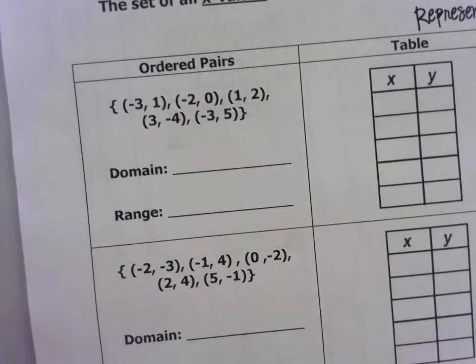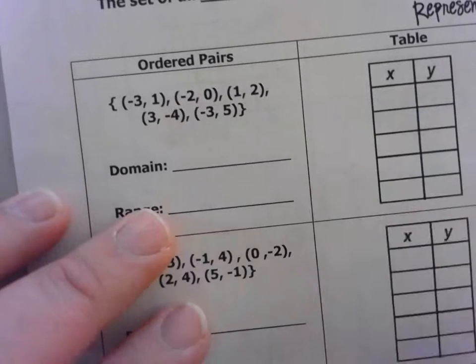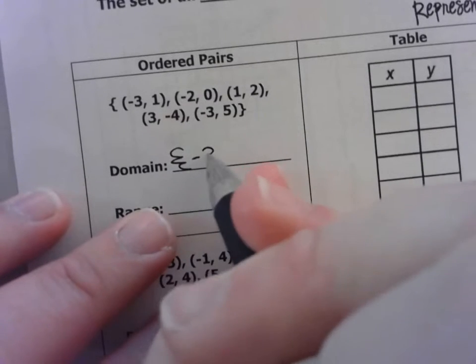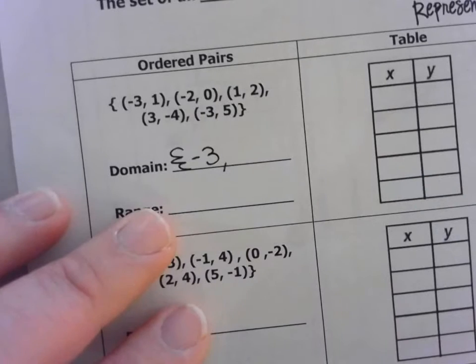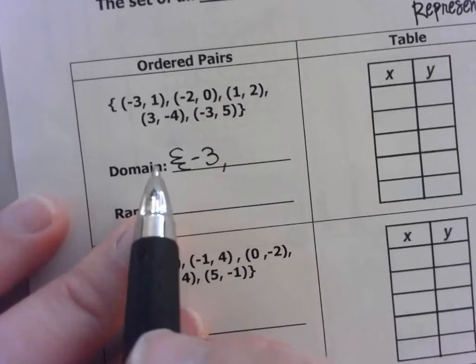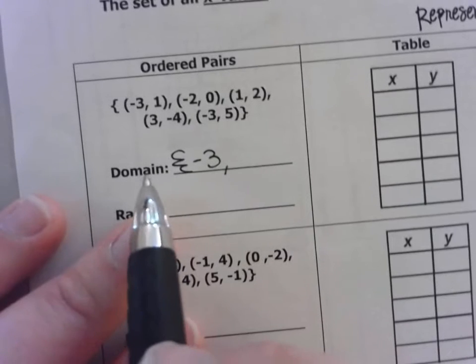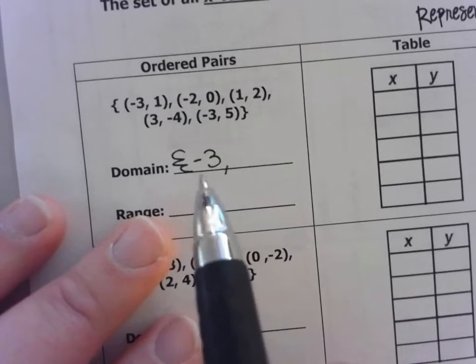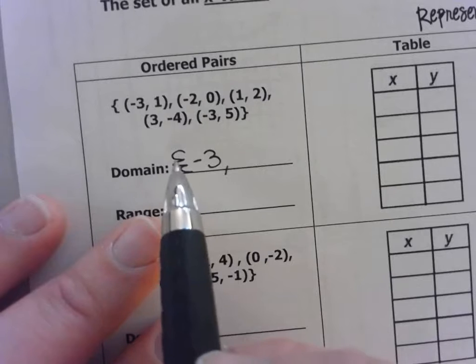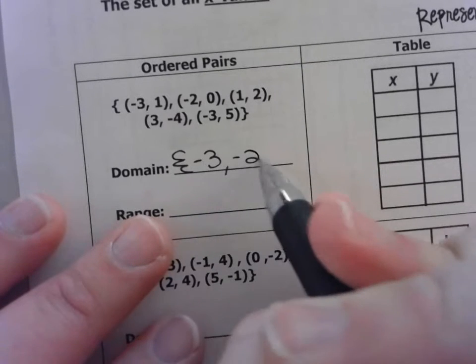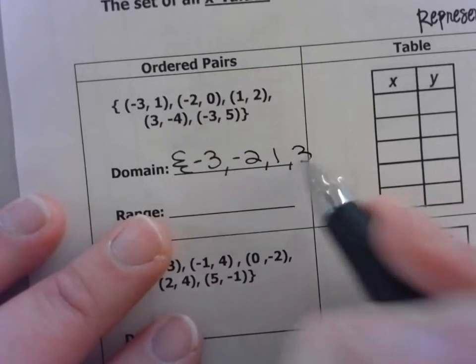If I want the domain, my domain are my x values. We're going to just list. We're going to put fancy brackets because I'm listing things. I wouldn't count off if you didn't put those brackets, but I want you to at least have seen them. So I put fancy brackets: -3, -2, 1, 3.